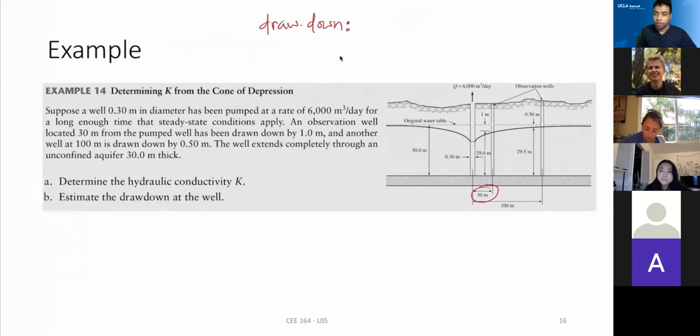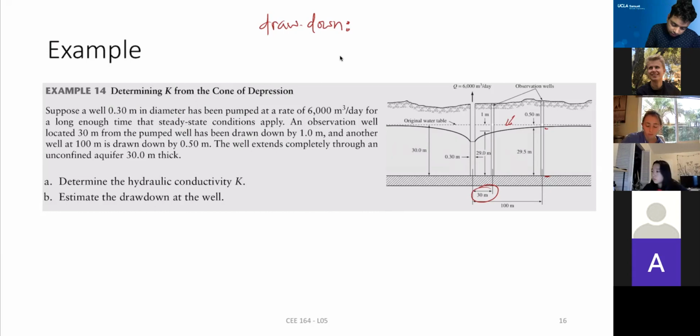So as you see, there are a couple of things I keep mentioning. One is the head. Head means the height of groundwater in that well. Drawdown means before you start pumping, there was a groundwater elevation, which is written here. That dashed line is the original water table. Once you start pumping, it's going to decrease, and whatever that amount of decrease is called drawdown.